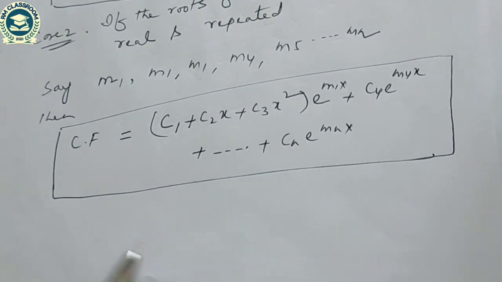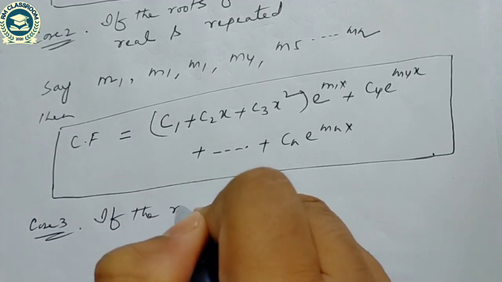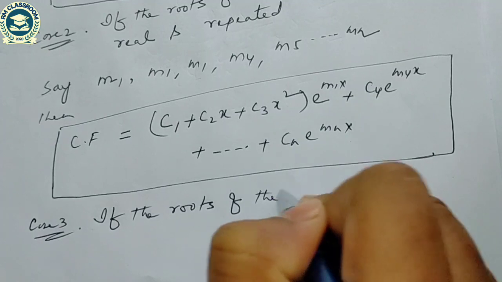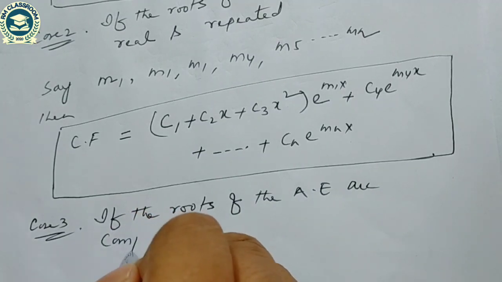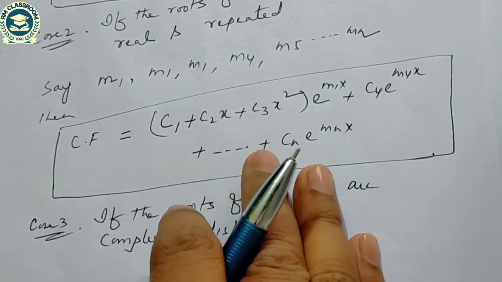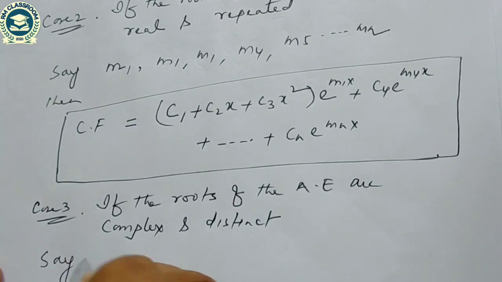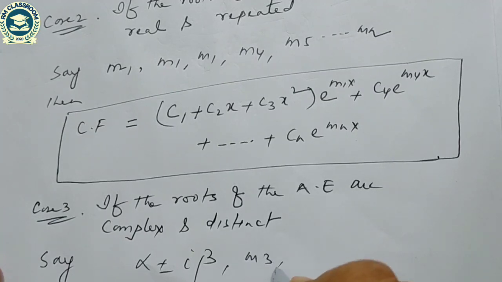Case third. If the roots of the auxiliary equation are complex and distinct, say alpha plus minus i beta, m3, m4, up to mn, then what is the complementary function?